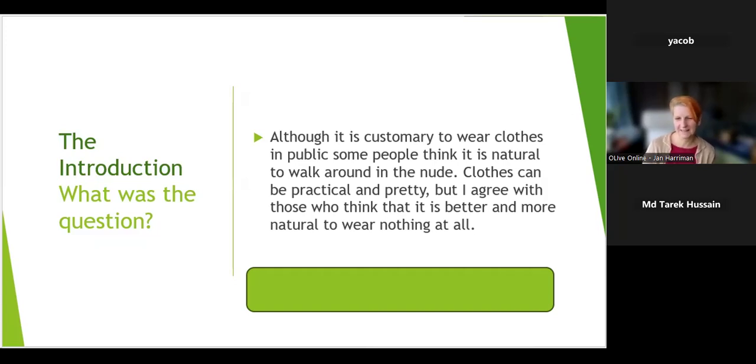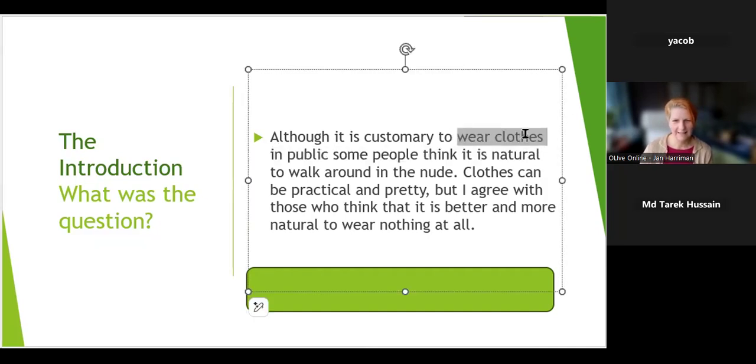Sim, can you figure that one out? Do you have an idea, Jakob? Sinan? So we've got wearing clothes here, right? Yeah, I think it is about wearing clothes in public. Okay. And has the person stated their opinion?